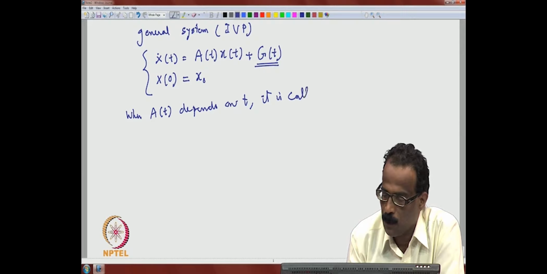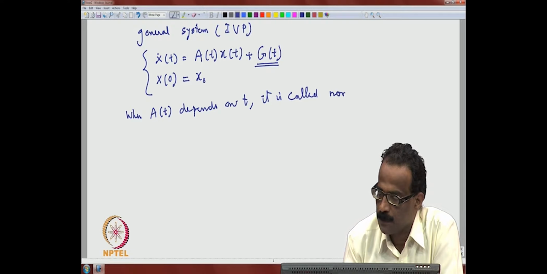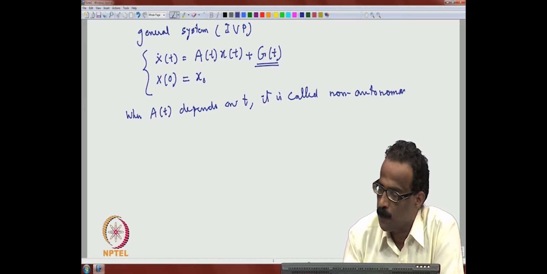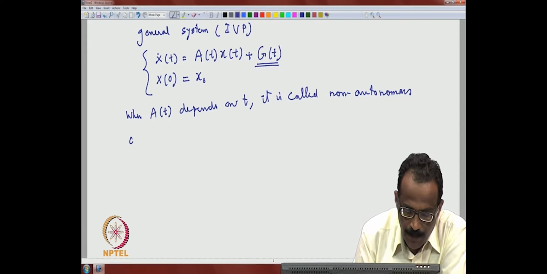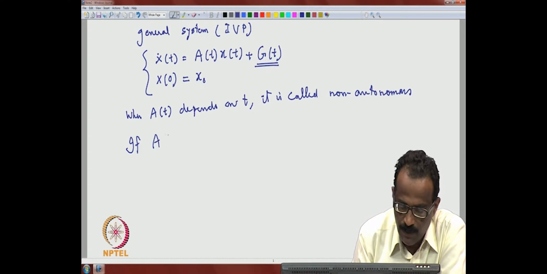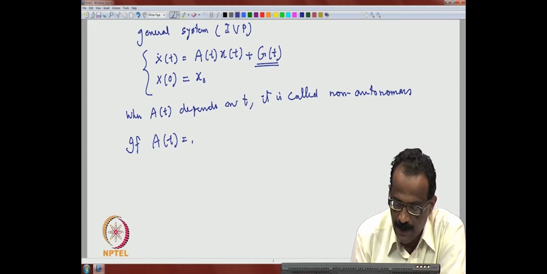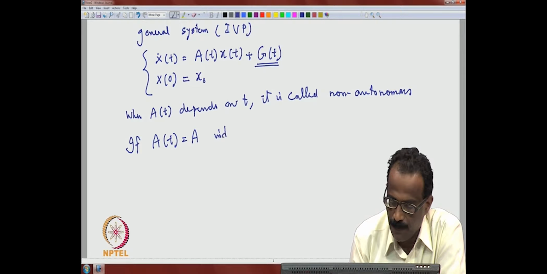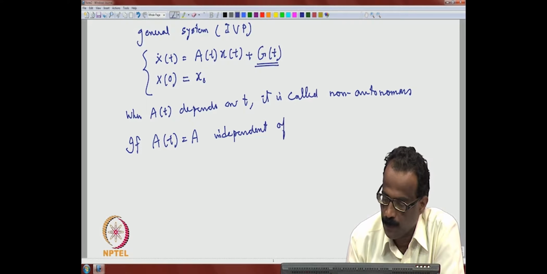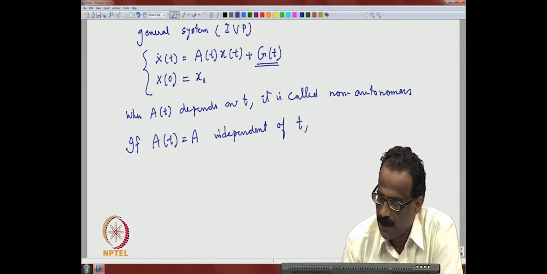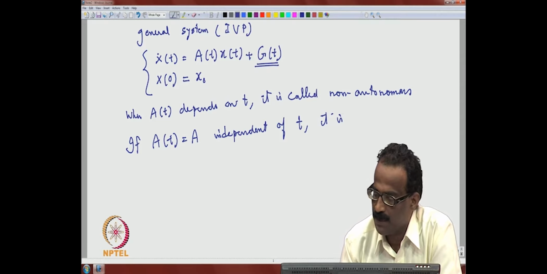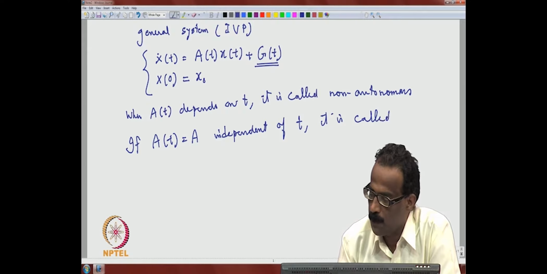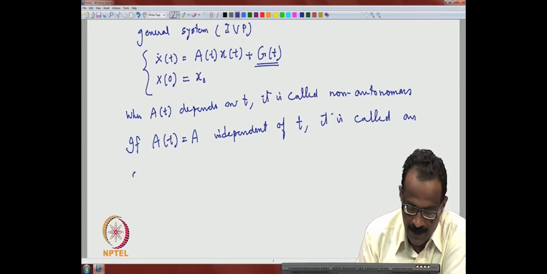If A(t) is equal to A, independent of t, it is called an autonomous system.